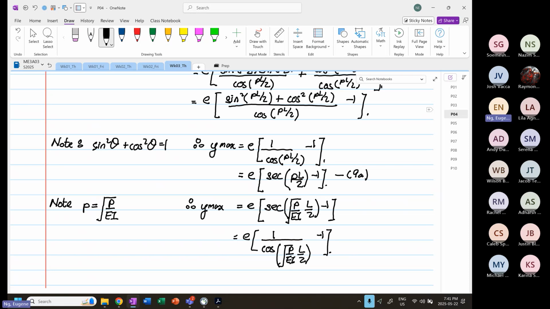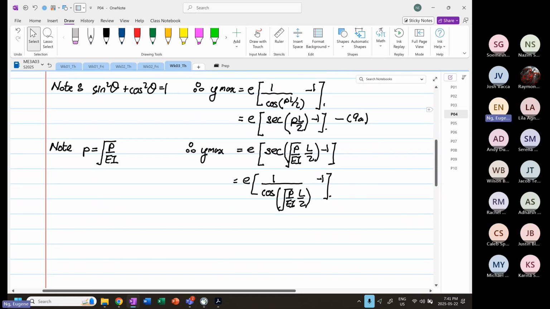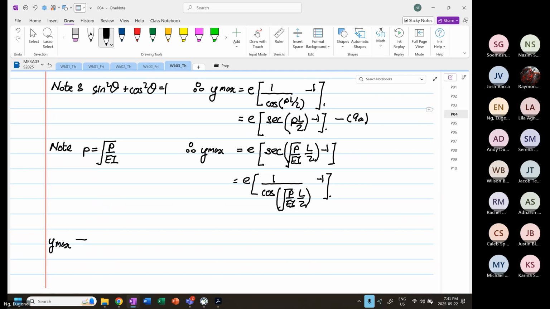And we know that Y max will tend towards infinity when cos pi over 2 is equal to 0, right? 1 divided by 0 is infinity.